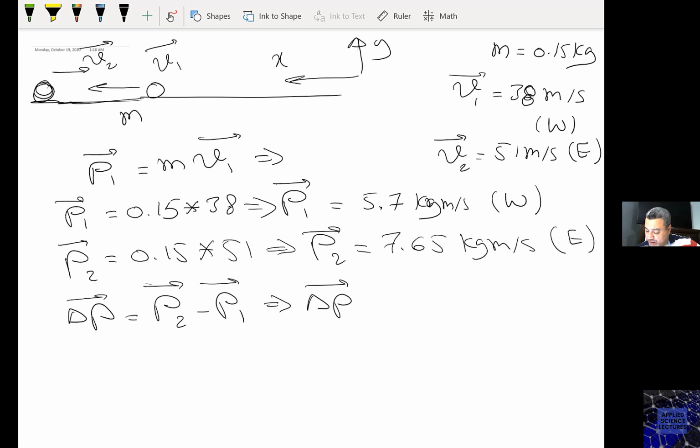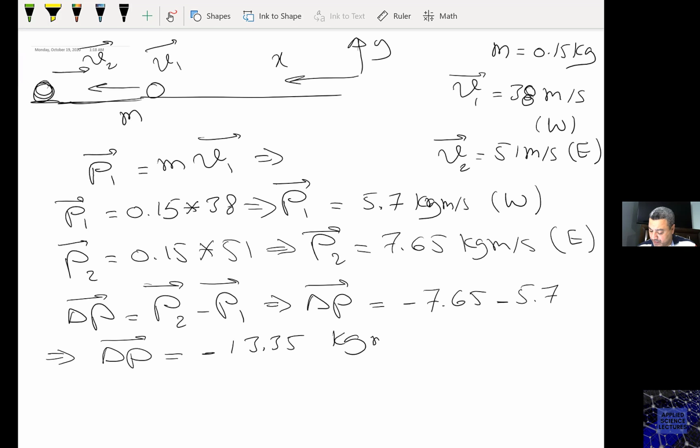Taking west as the positive, then P2 is minus 7.65, minus P1 is 5.7, then delta P is minus 13.35 kilogram meter per second.